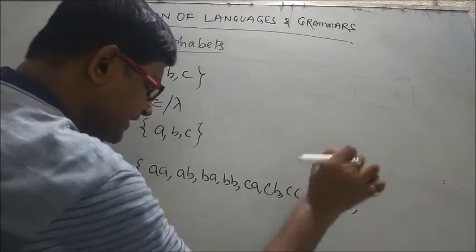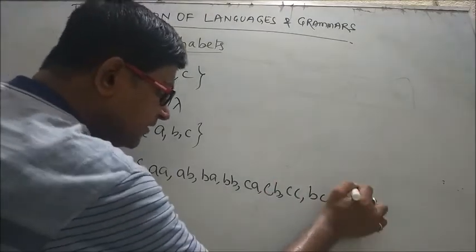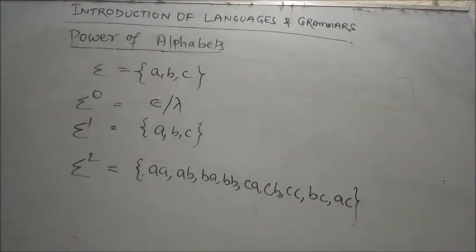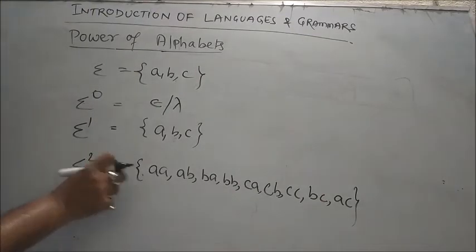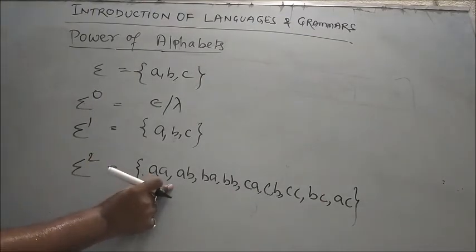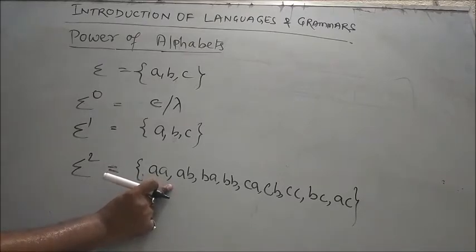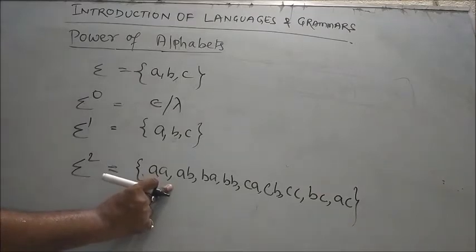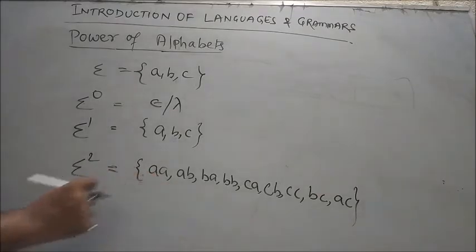And CC is already taken. So these many strings we can deduce. With the help of square we can take exactly two symbols as a sequence or as a string. So I think the power of alphabet is quite clear to you.